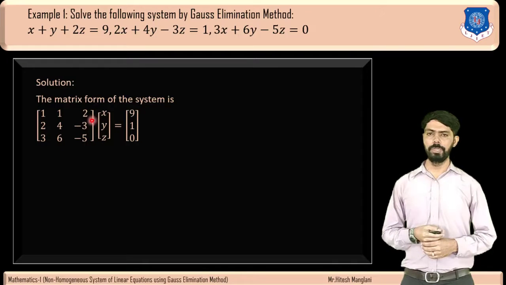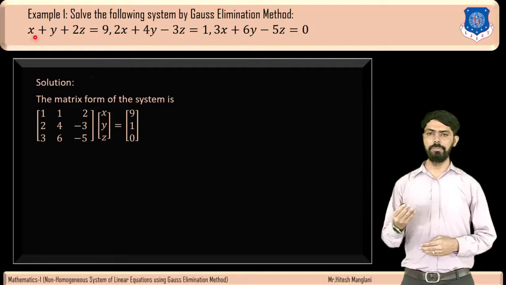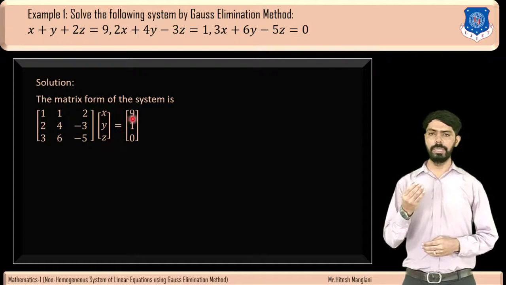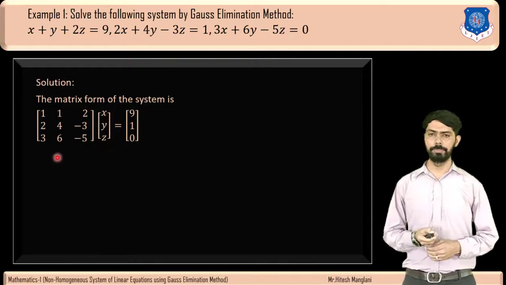So here we are writing the coefficients of the equations. Into the column vector [x, y, z], because as you can see there are three variables x, y, z, is equal to [9, 1, 0], because the right hand side of the equations is 9, 1, 0. So this is the matrix form of the system.